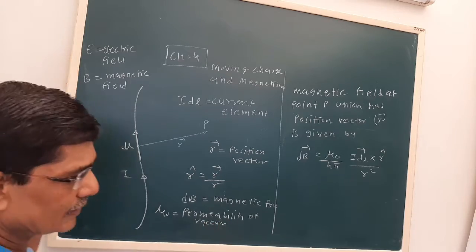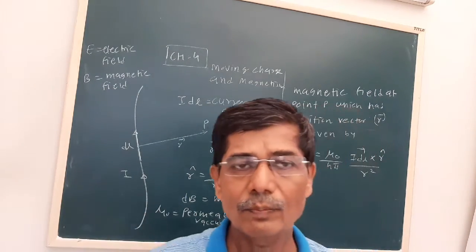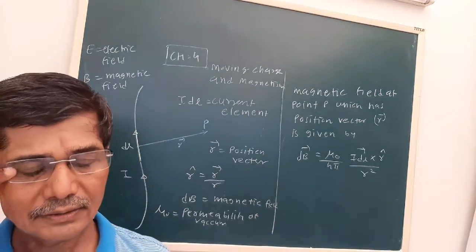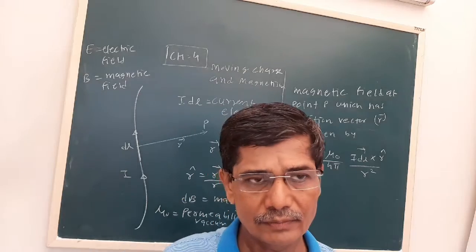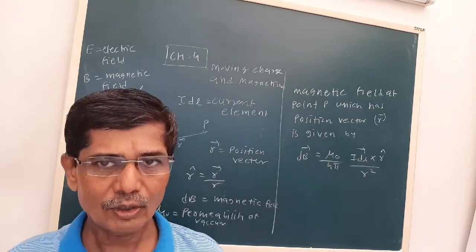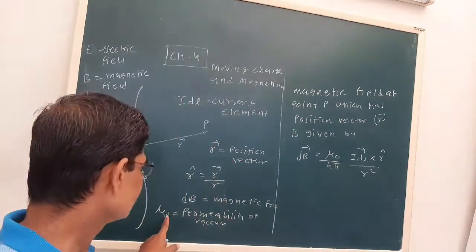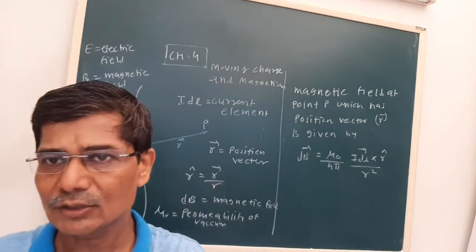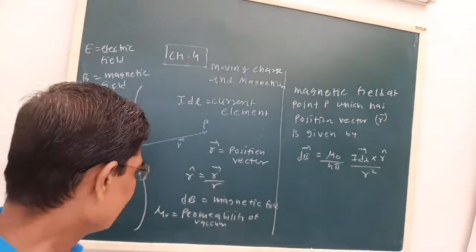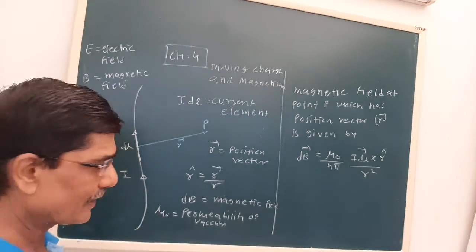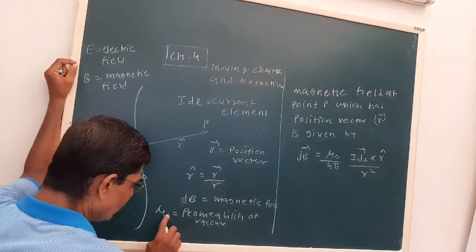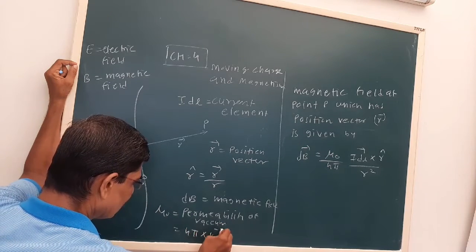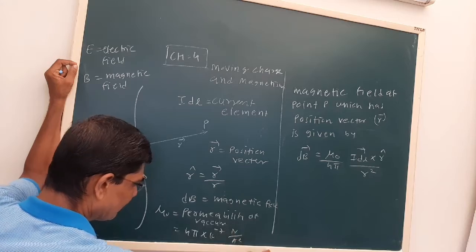Now in the first lesson and second lesson we talked about permittivity. The word permittivity has to do with the electrical properties of a vacuum or medium. Here mu 0 is called the permeability. The word permeability has to do with the magnetic property. That is, mu 0 is the permeability of vacuum, its value is 4 pi into 10 to the power minus 7 newton upon ampere square.